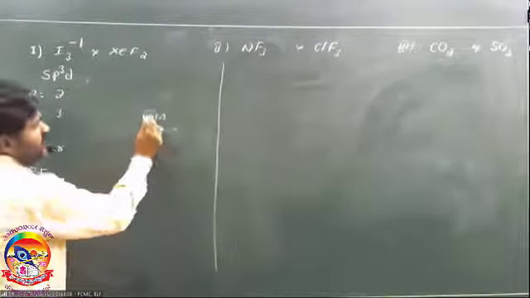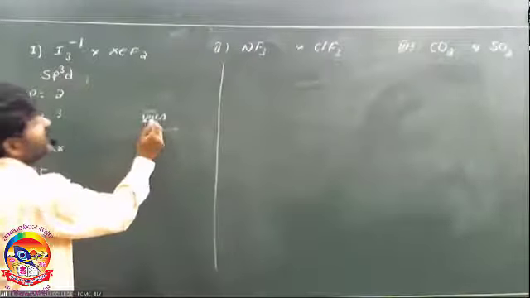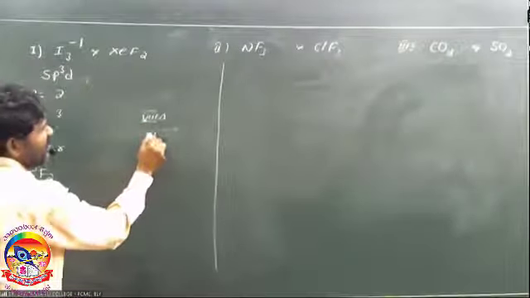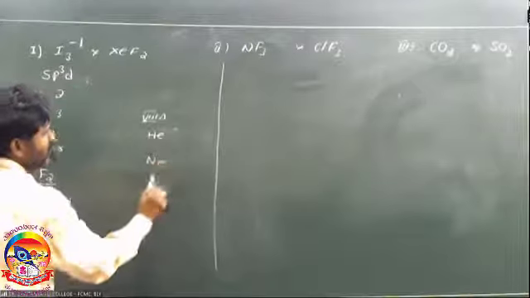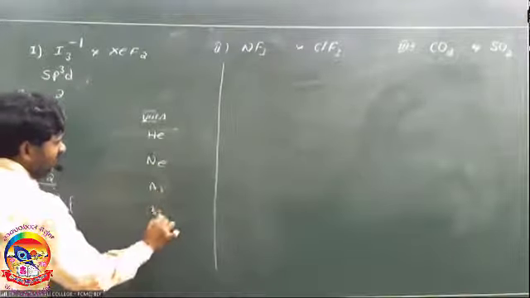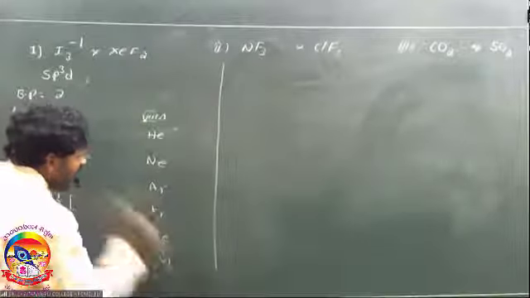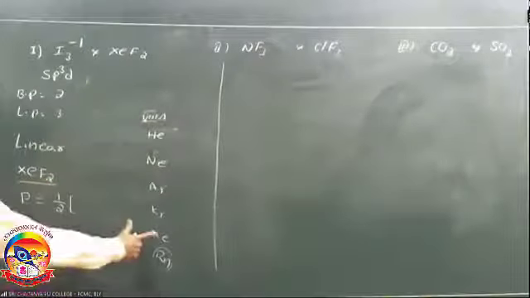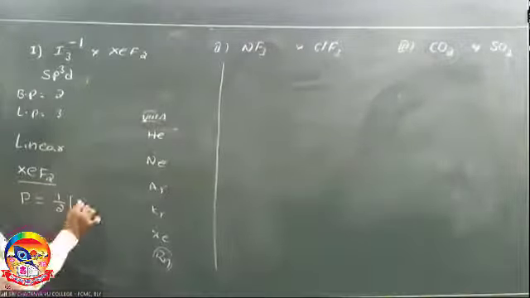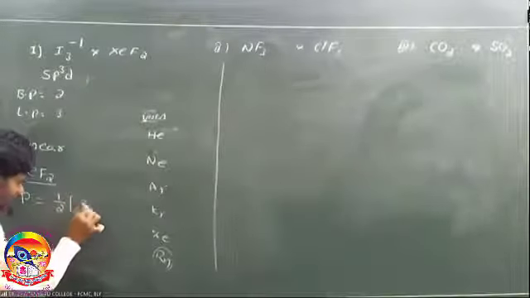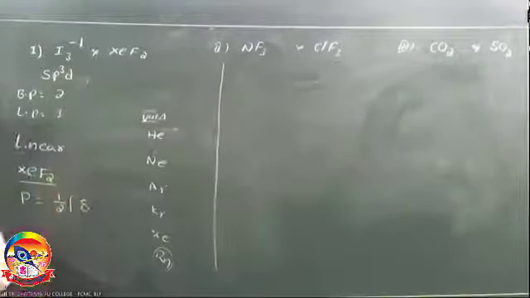The 8A group or zero group elements are called inert gases or noble gases: helium, neon, argon, krypton, xenon, and radon. Radon is a radioactive element. So noble gases belong to the 8th group, and the group number is 8.